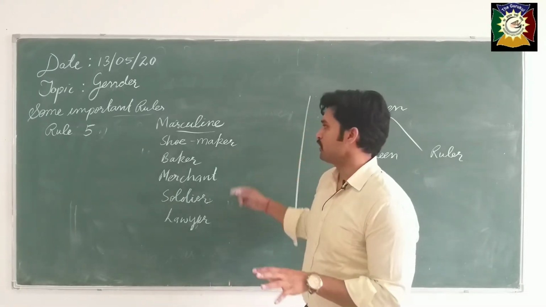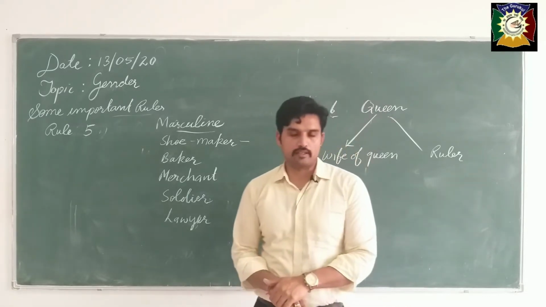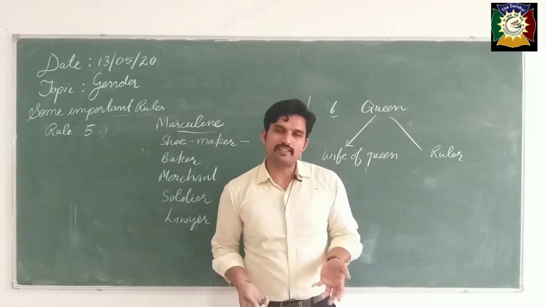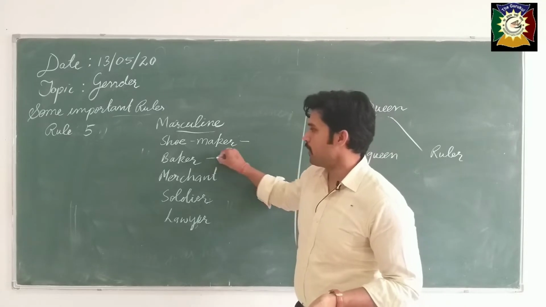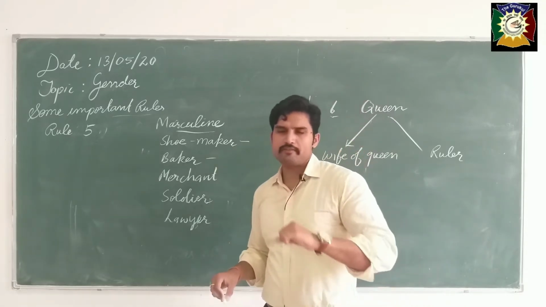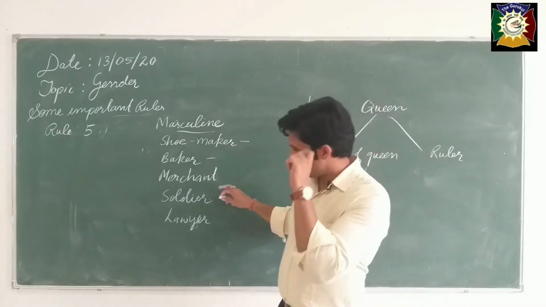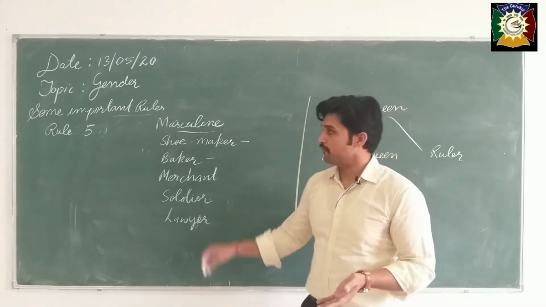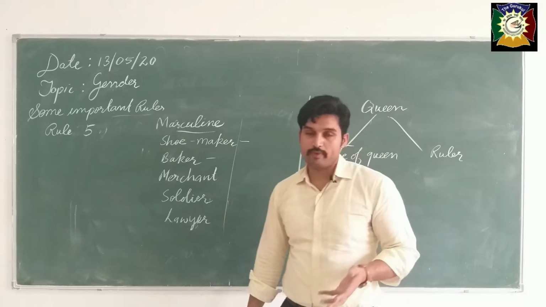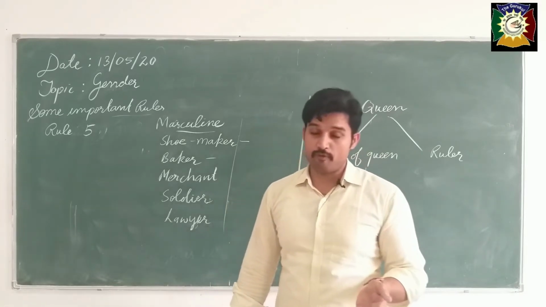For example, the word shoemaker. We have mostly seen a shoemaker to be a male. In the same way, baker, but there can be a female baker also. Merchant, soldier, and lawyer. So here we use them mostly for masculine, but we can use them for feminine as well.